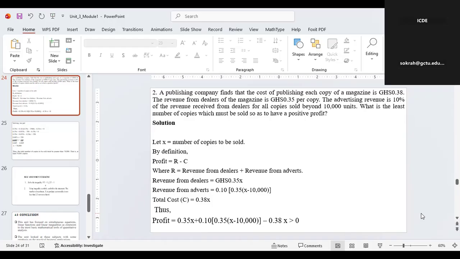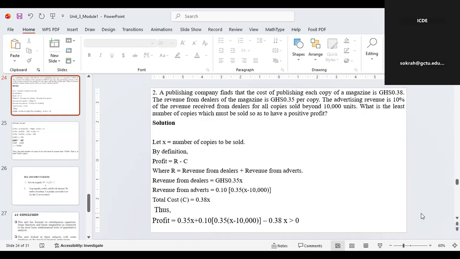So the cost of production of each copy is 0.38 cedis. Then the revenue is in two ways. Don't forget. One way is from dealers, who get a revenue of 0.35 per copy.